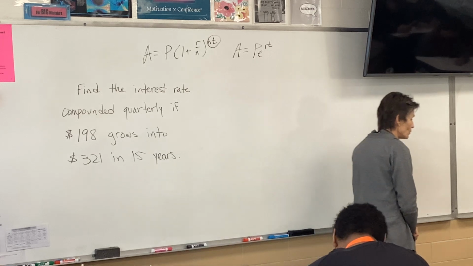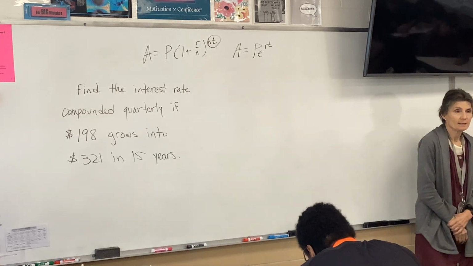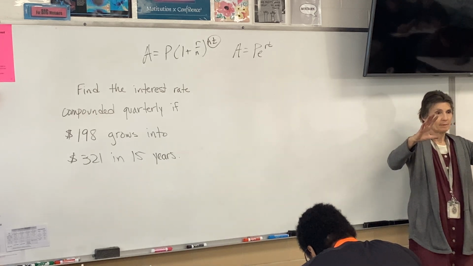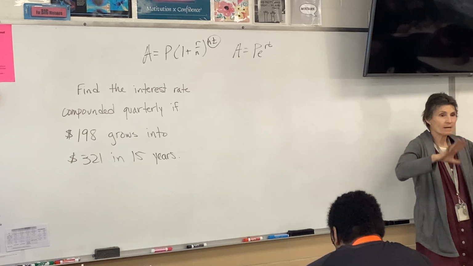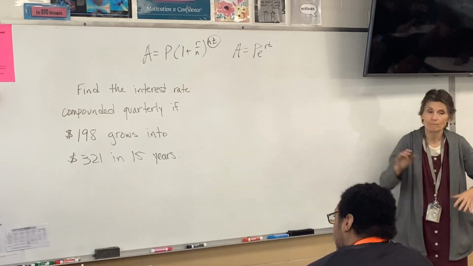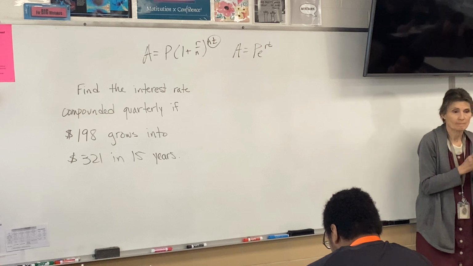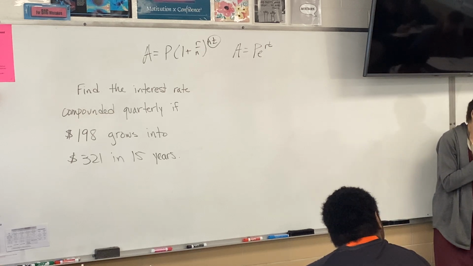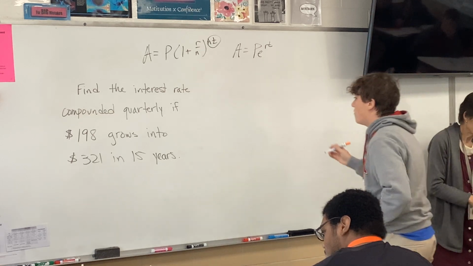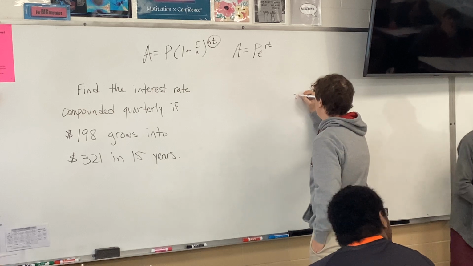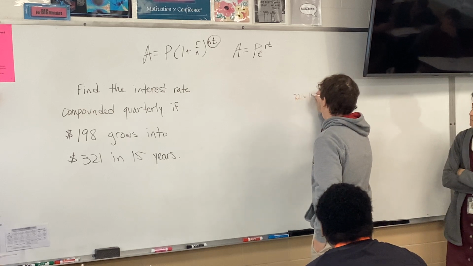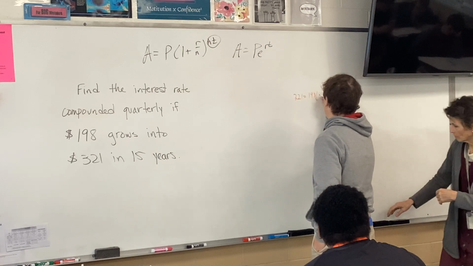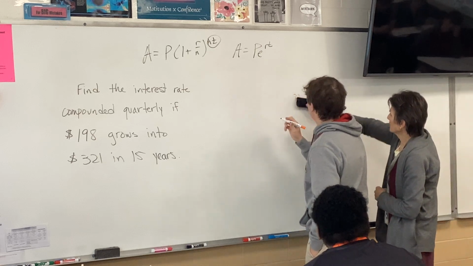If you think you have the formula set up, like you got all the numbers plugged in, come up and put it on the board for us. Oh, it's 15. That's why. T, because you're trying to find time. Where's this? Keep going back up.